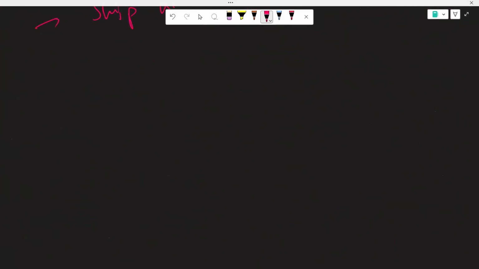In skipgram, you will predict all the neighbors, however many you have, like two neighbors, four neighbors, or so on, using the current word. It's completely opposite.